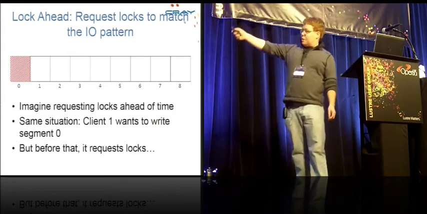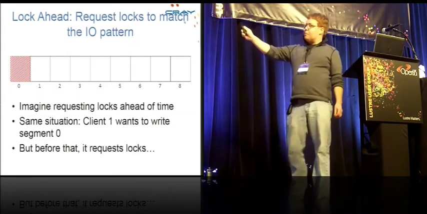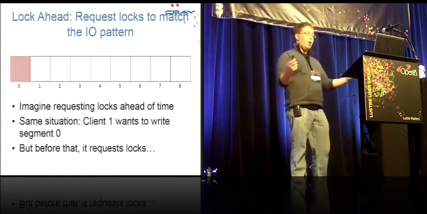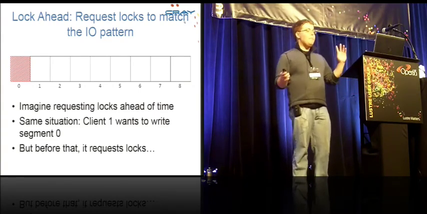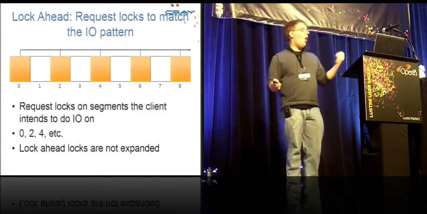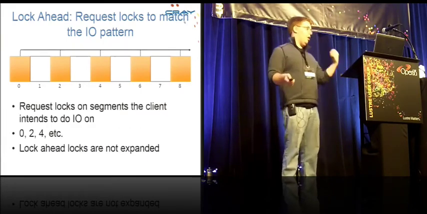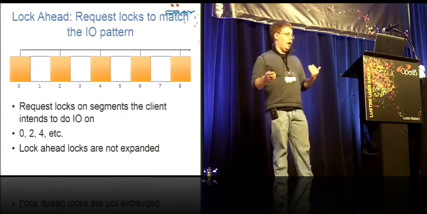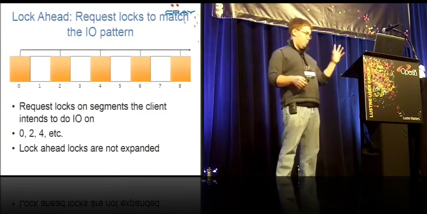So to explain it a little better, some graphics. So imagine requesting the lock ahead of time. Client 1 wants to write segment 0. But before it starts the write process, it requests locks on the segments it plans to do I/O on. So in this case, 0, 2, 4, 6, 8. The server grants those locks, which are not expanded. That's just part of the feature of it.